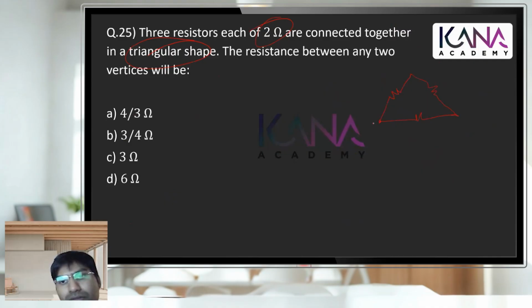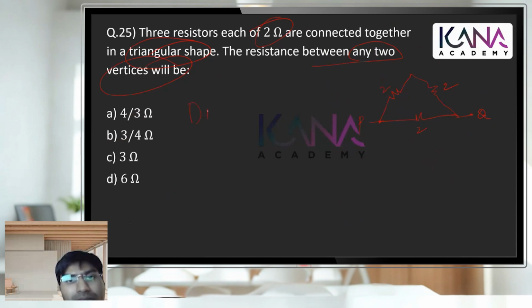Let's say this is P and this is Q. This is 2, this is 2, this is 2. So we need to find the resistance between any two vertices. Let's say this is what we are interested in, P and Q.